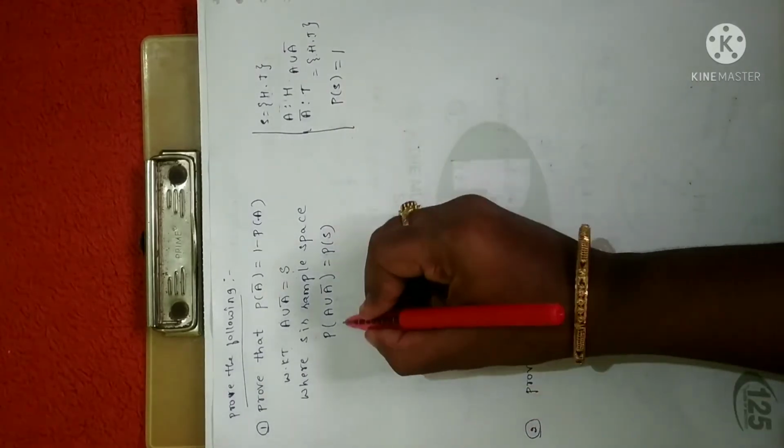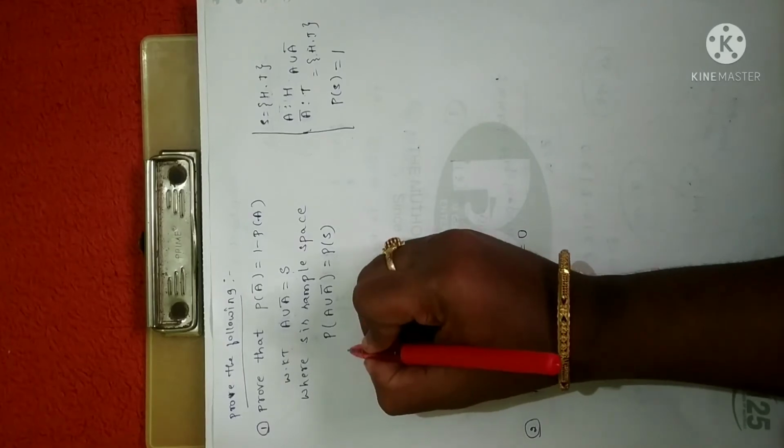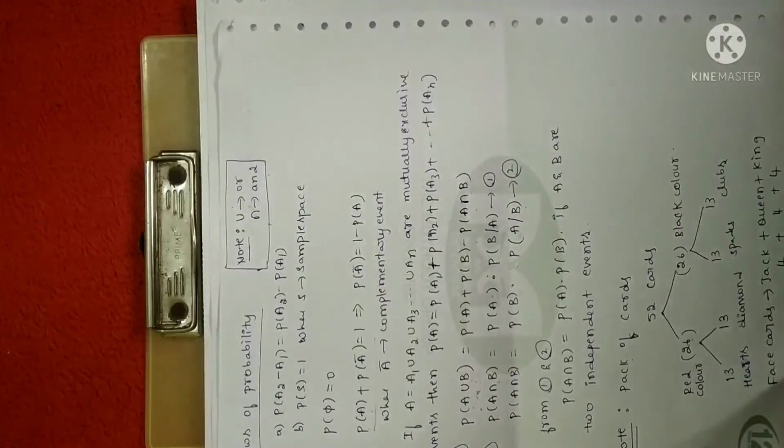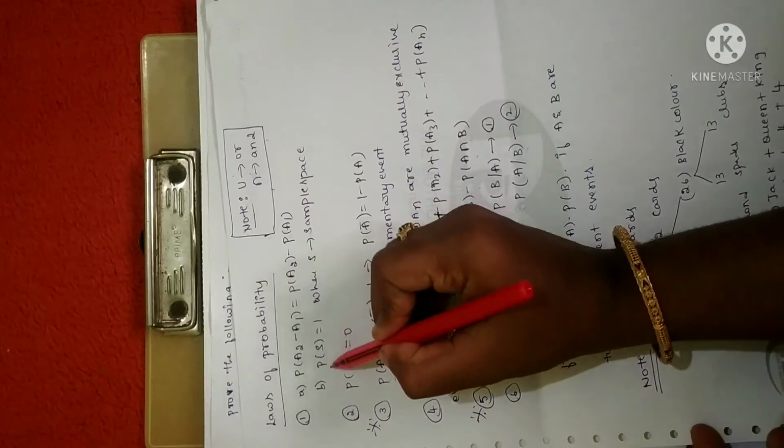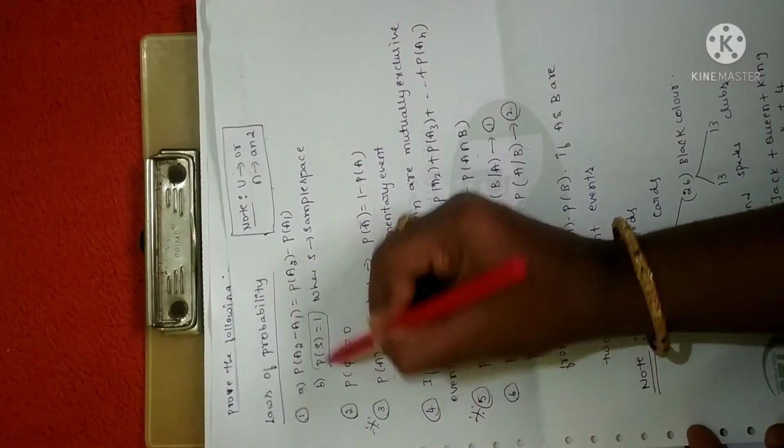Now we know the formula. See, here is the formula list. I have clearly given that probability of sample space S is equal to 1.